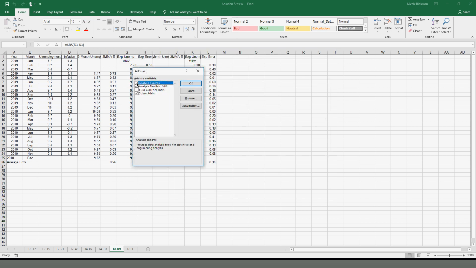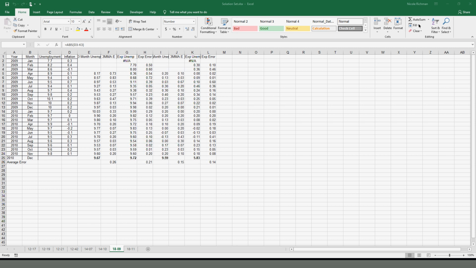And you want to make sure that this analysis tool pack is checked. Don't worry about these other checks that I have. These are other items that I work with for other things. But you just want to make sure this analysis tool pack is checked. And say OK. And that puts your data analysis in here for you. So again, you'll find that under your data tab.